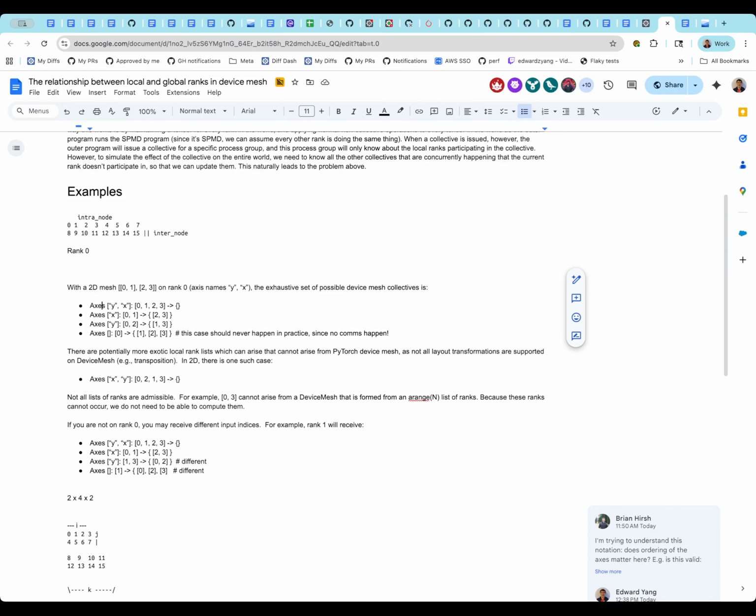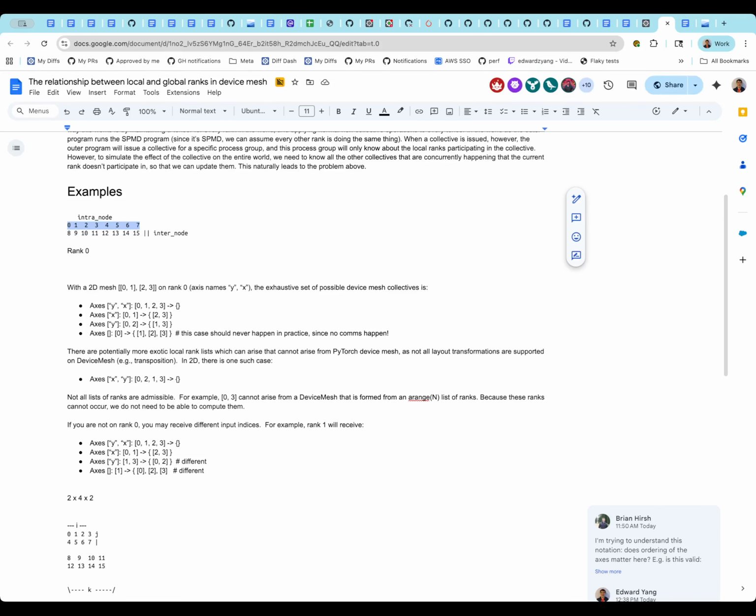All right, let's imagine a counterfactual universe where our low-level collective operations didn't take in PGs, but they instead took in axes of the device mesh. Okay? And so when you say, I want to do this collective on this axis, you're saying, I want to do the communication between these nodes.